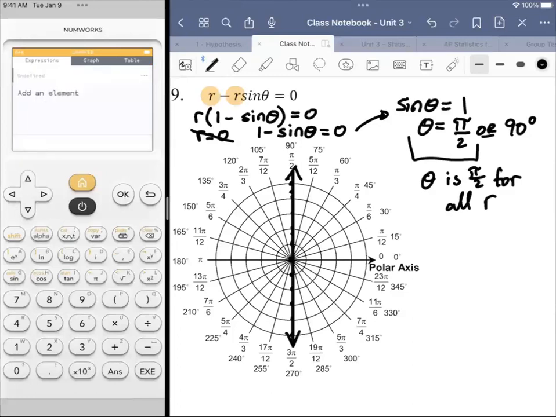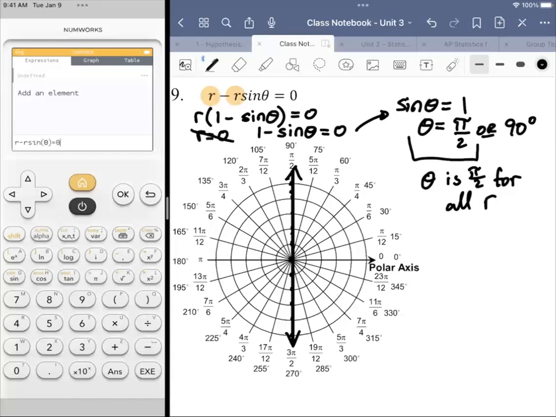So I'm going to put in r minus r sine theta. Again, I haven't tried this yet, so it'll be nice if it works, but I'm not going to be shocked if it doesn't.